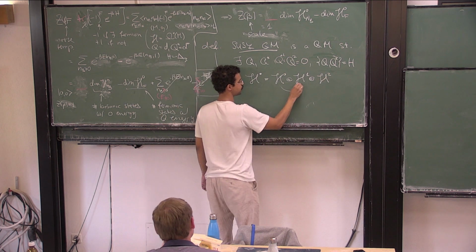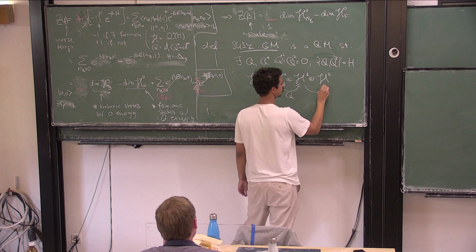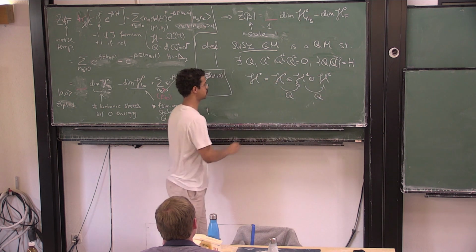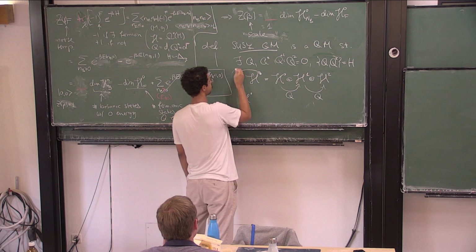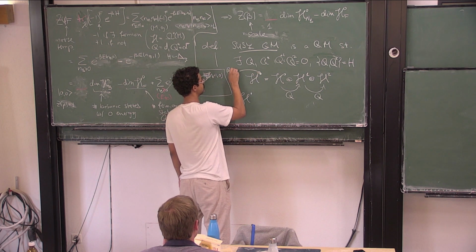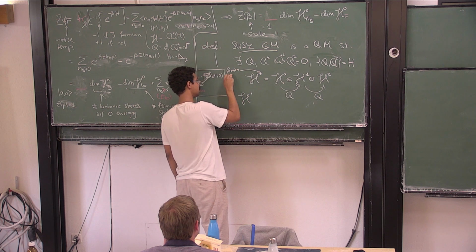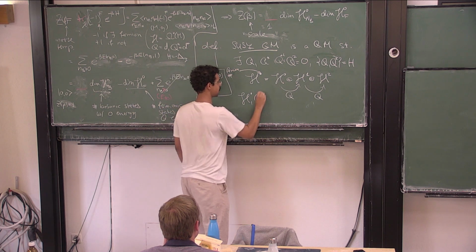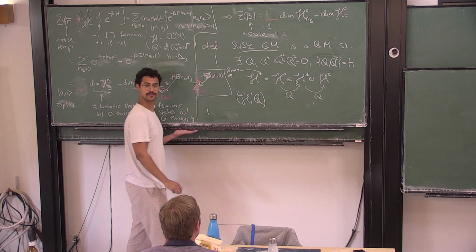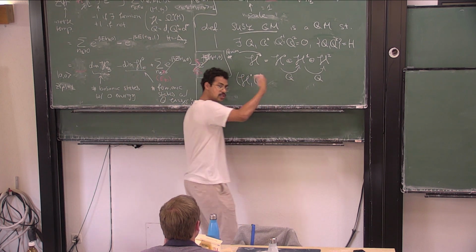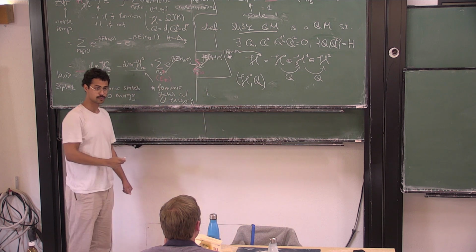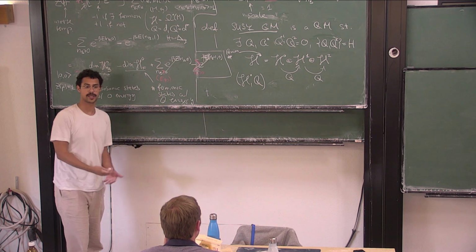But now you have maps between them, which is this Q, and this is fermion number. So this turns the thing into a differential complex, like the complex we saw this morning, like the de Rham complex, for example.